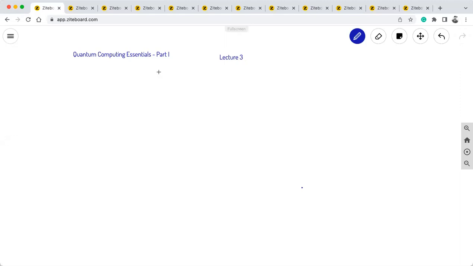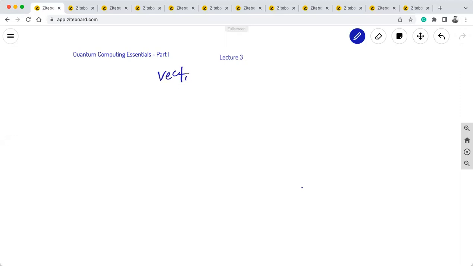As we have seen in the previous lectures, we'll be dealing with the quantum states and the quantum operators of the observables, where the importance of vector space is discussed.